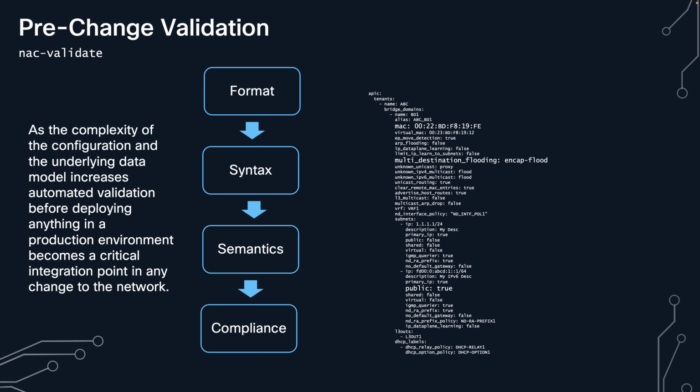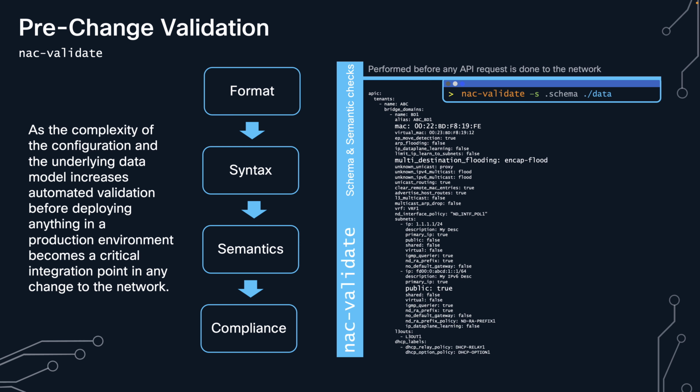So in this case, each of the attributes in this structure of data is defined inside of a YAML construct. So we know what each of these values is supposed to be. With the command NAC validate, it will take this known schema and verify it against the data model that you have.